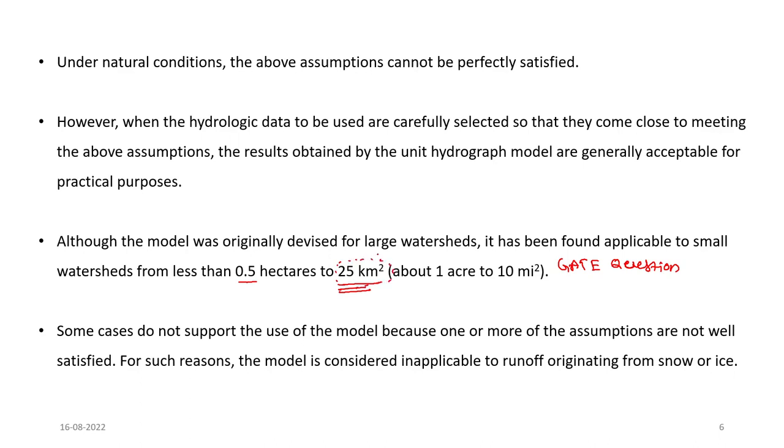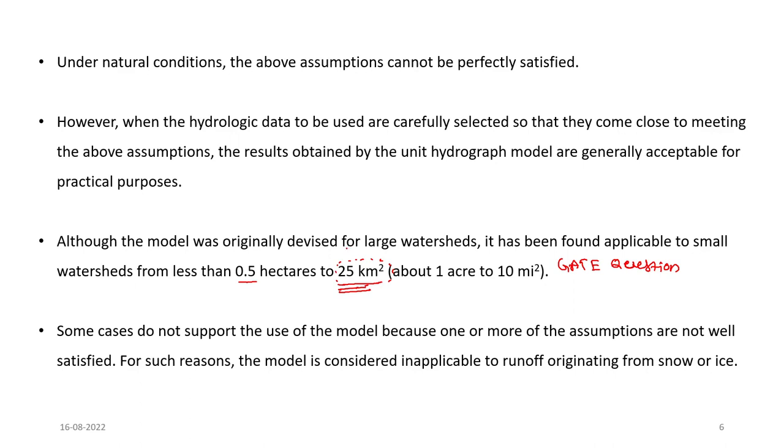Why does this model have a limitation? Because we assume that rainfall is uniform and has a constant intensity over an effective duration. These two assumptions often fail when we model a very large catchment for a very long time.